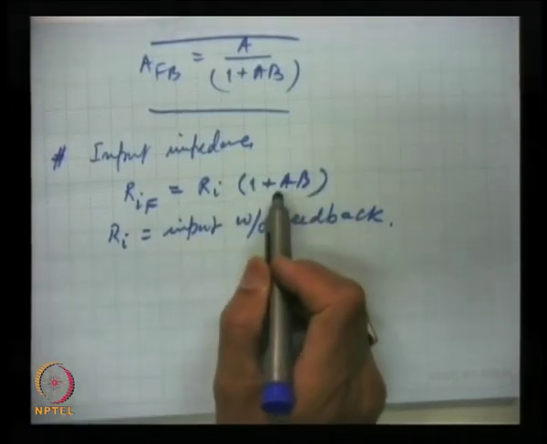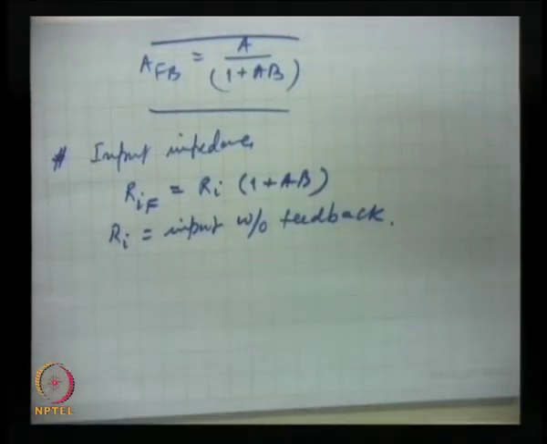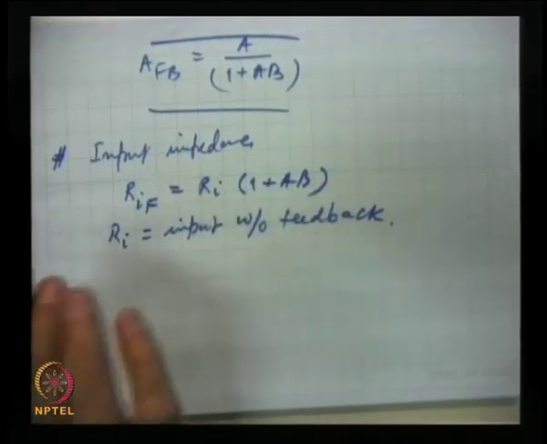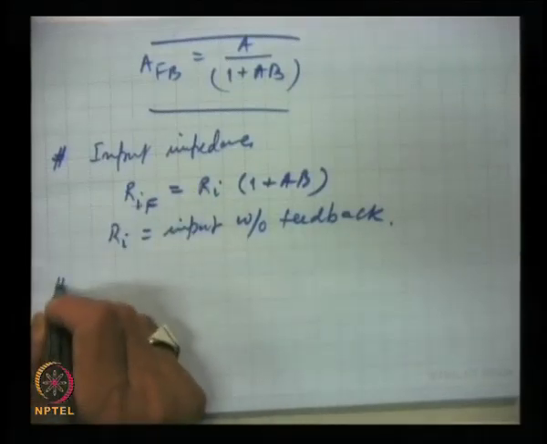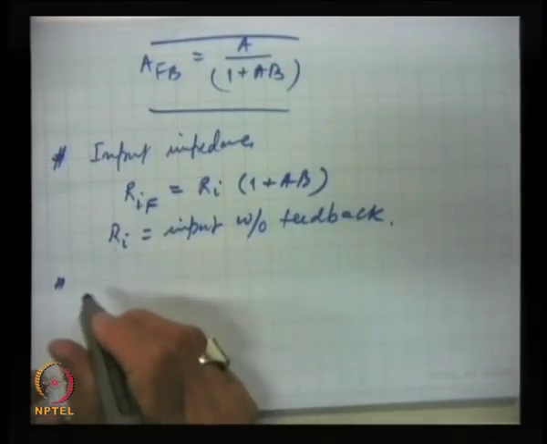This factor is, for example, often 1000 and more. So the input impedance will increase 1000 times, and the output impedance in this case will be reduced.